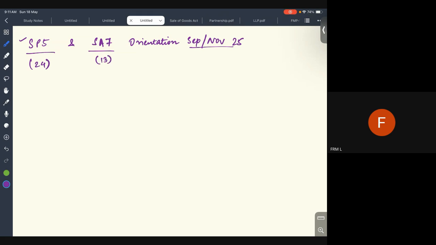And even out of those 13 chapters, nearly 60 to 65% of the content is same as SP5, and the remaining is a build up along with a few new topics. So we'll begin with SP5, wherein we'll create a very strong foundation in overall investment and finance. So we begin with the very basics.